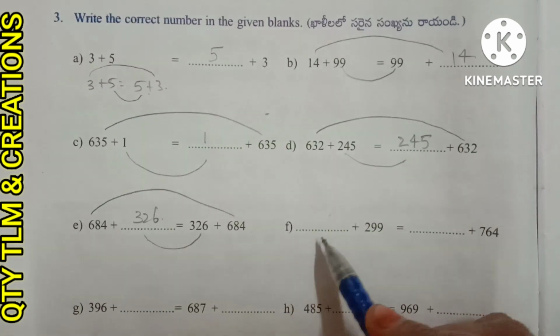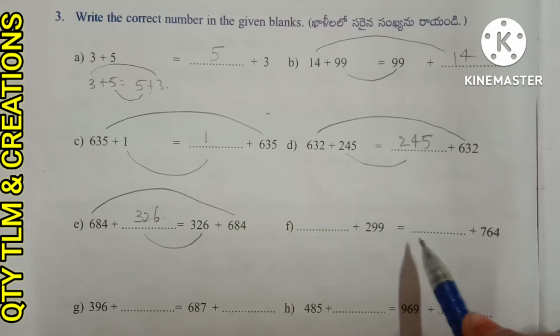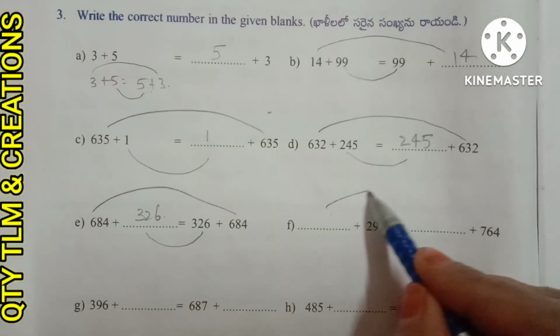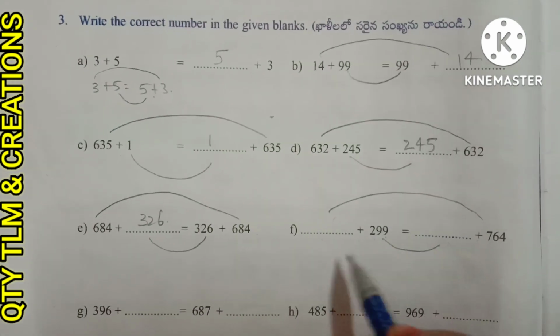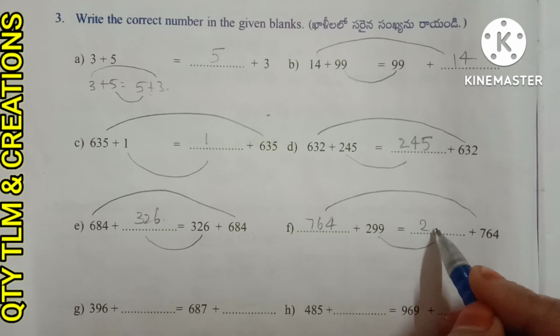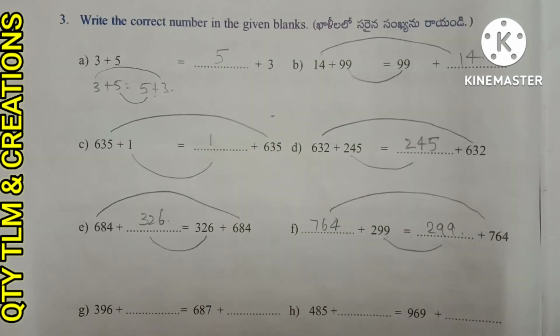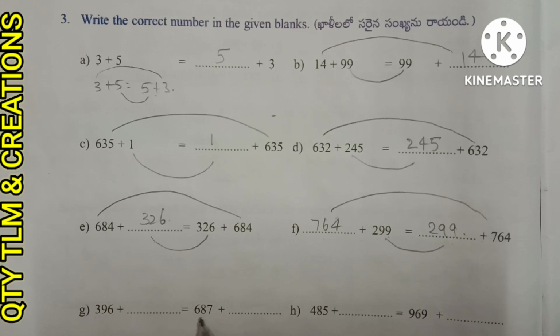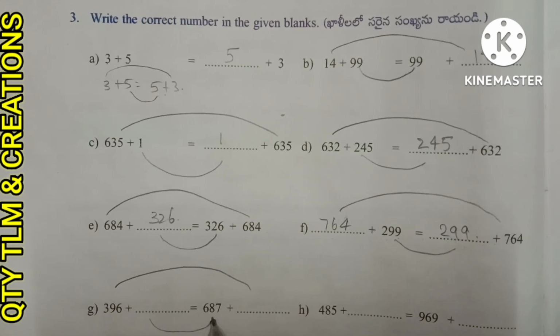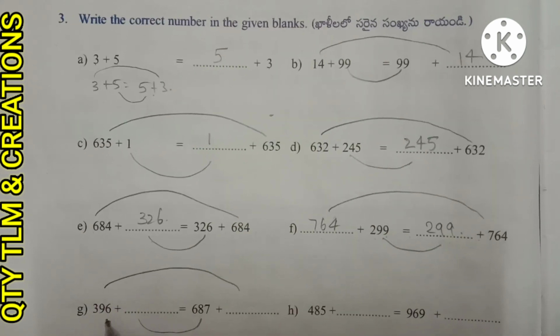Next F, dash plus 299 equals dash plus 764. So we have to write 764 plus 299. Next G, 396 plus dash equals 687 plus dash. So this is the easy method to write these numbers.